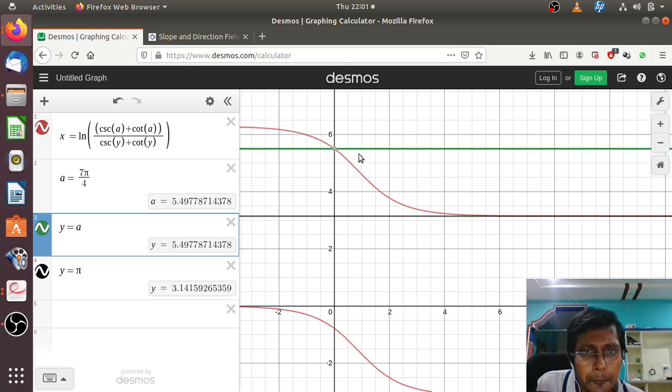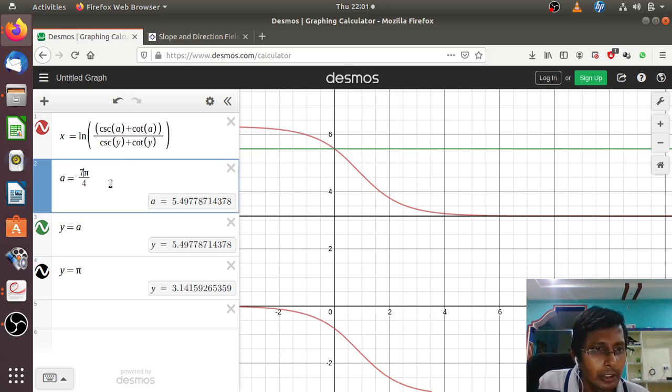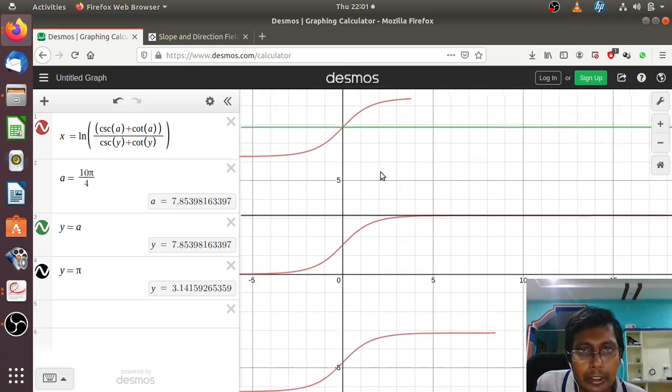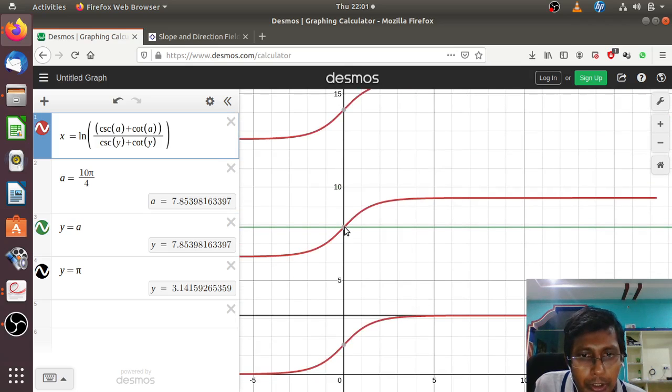Still it's approaching pi. It seems like our conclusion looks right. Maybe 10 pi by 4. Where is that 10 pi by 4? Yeah, it's here.